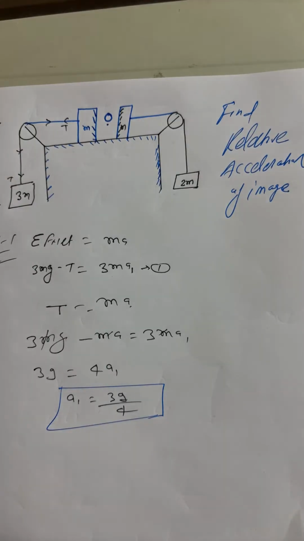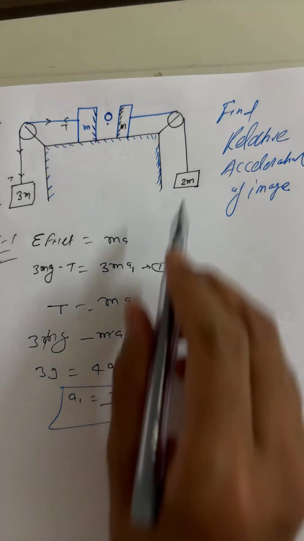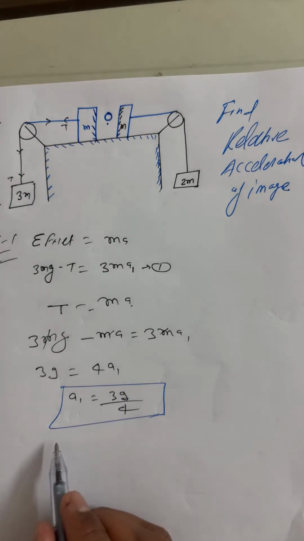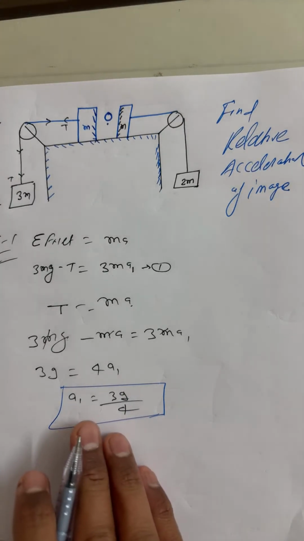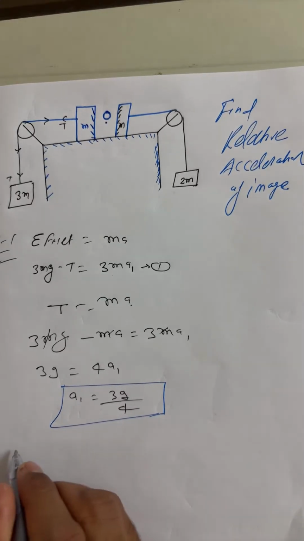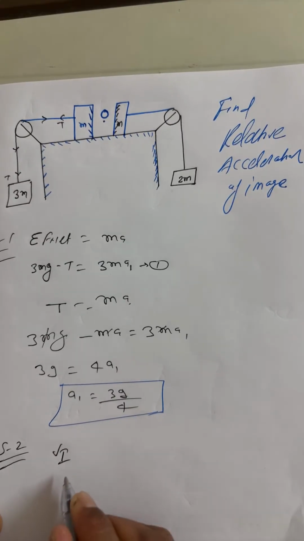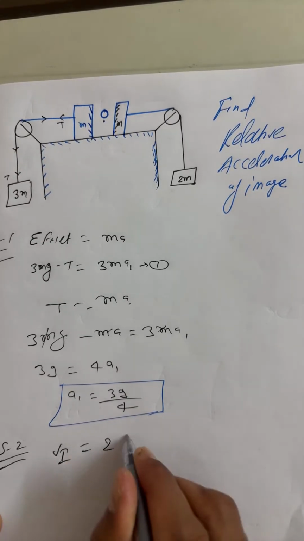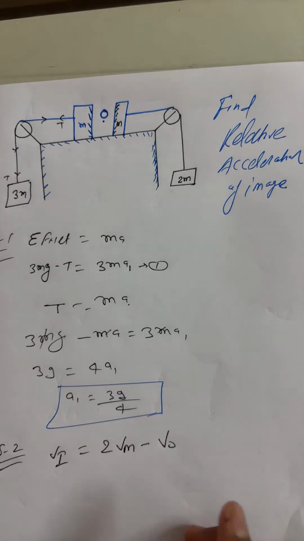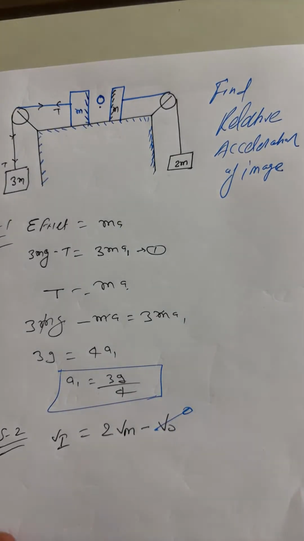It's true. After this, in step 2, I'm going to apply the concept of mirror acceleration. If you remember in the classroom, I said velocity of image is twice the velocity of mirror minus velocity of object. The object remains at rest, so no need to worry about it; this remains zero.